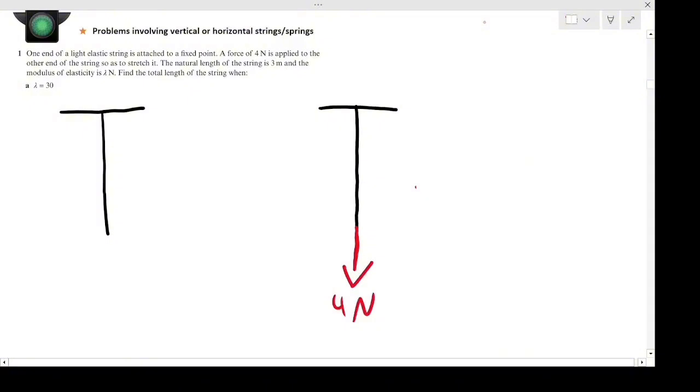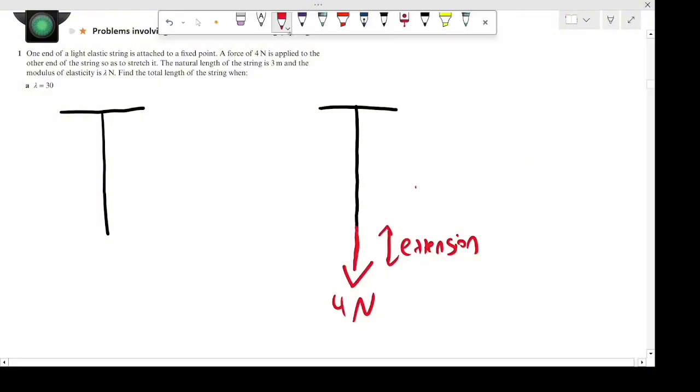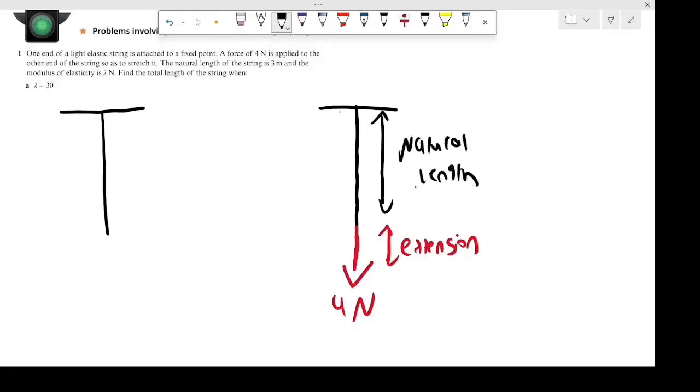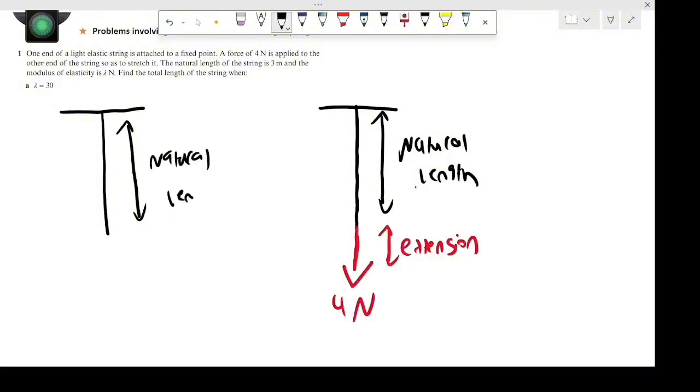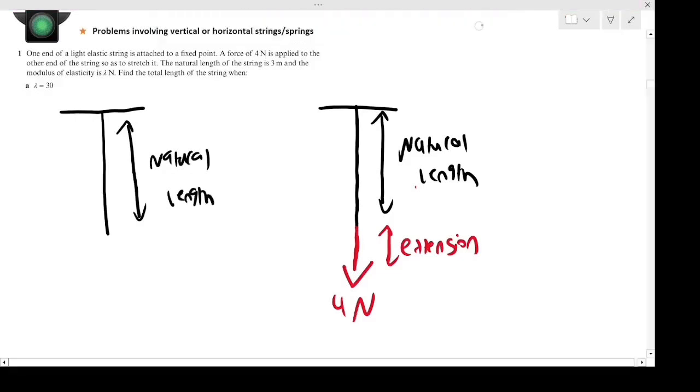So this red bit of the string is my extension. That's the extra part of the string when it's been stretched down. And the initial part in black is my natural length. And again, this will be my natural length as well. So this diagram on the left is where nothing's happening to the string. Hopefully that makes sense.